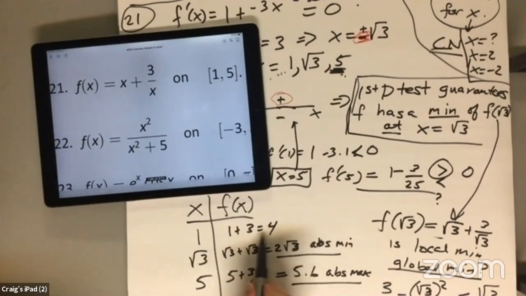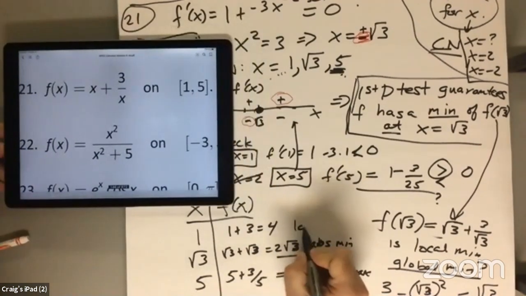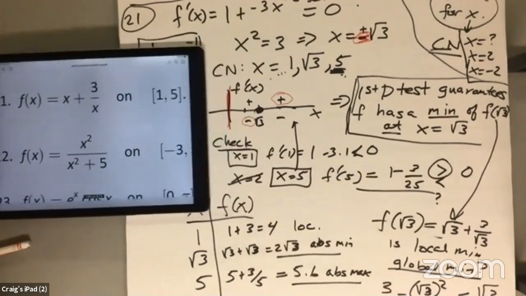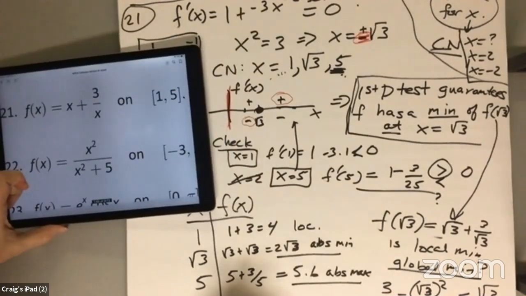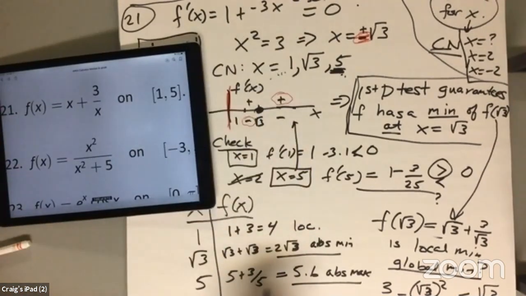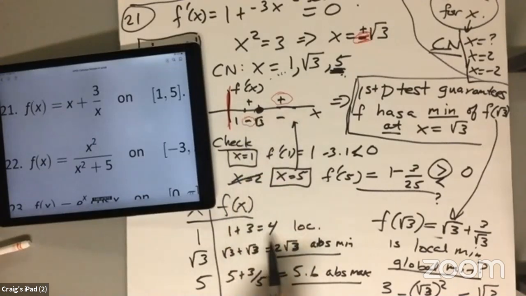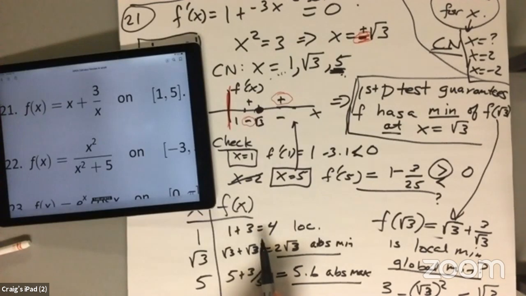And so now we want to wonder, what is this thing? Well, it's a local something. Is it a local max or is it a local min? If I check at x equals 1 up here, I know that the derivative is negative at that spot. So the derivative is negative, and it's smaller than this one, so it's a local min?